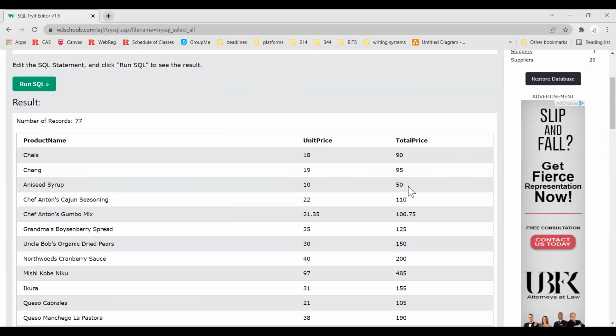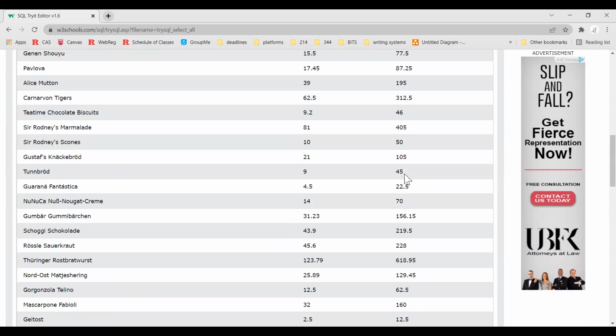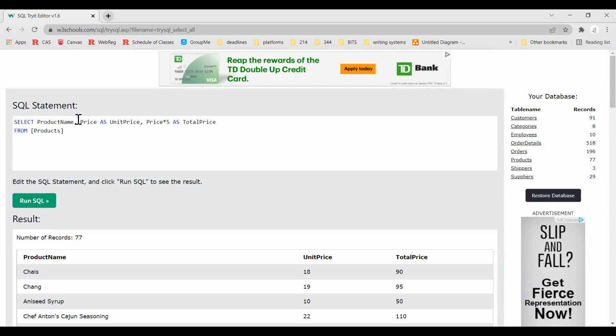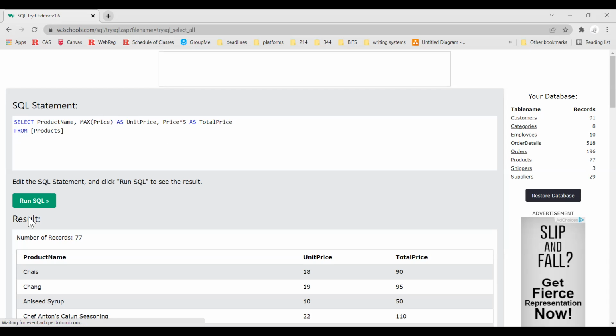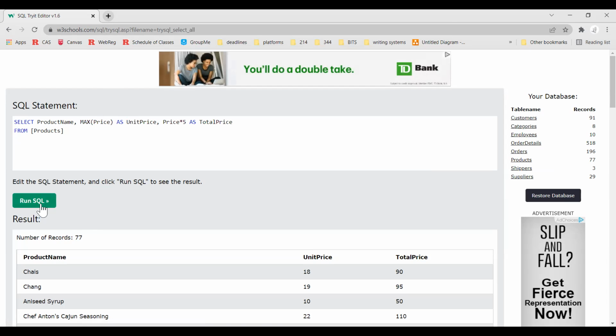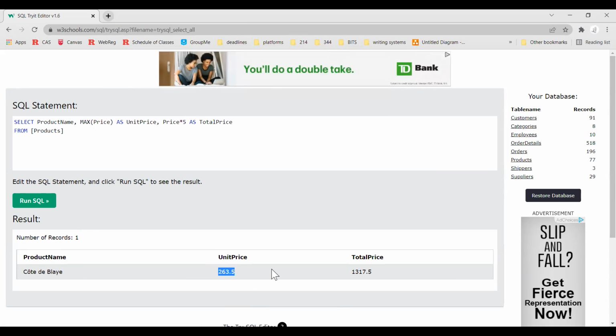Check that it's correct. And once again, we can combine things. So we could do something like this, and this is the max price again. So this just gives us that really expensive line once again. If you wanted to buy 5 units of it, whatever the units are, it would cost you that much.